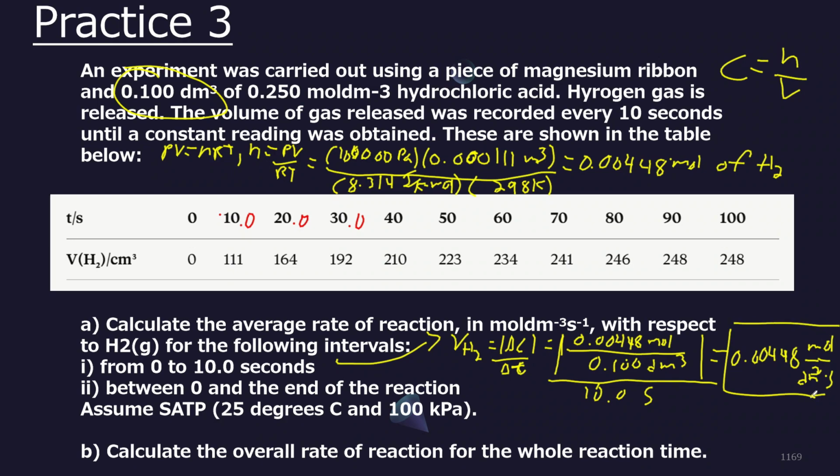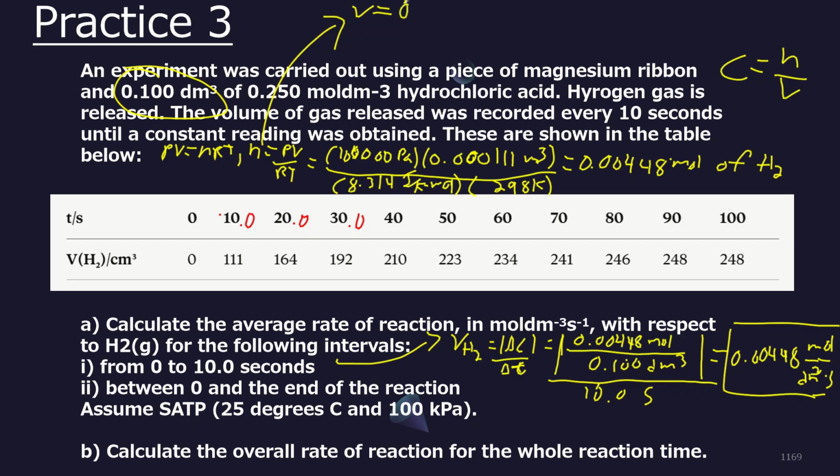Now that's the first time period, but then it says, please do that again for the time period 0 and the end of the reaction. So I'll just point out that you can find the number of moles produced there instead using this n equals PV over RT, but just set V equal to the total volume produced instead.